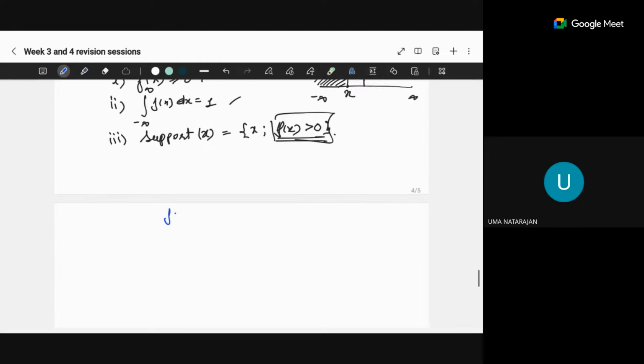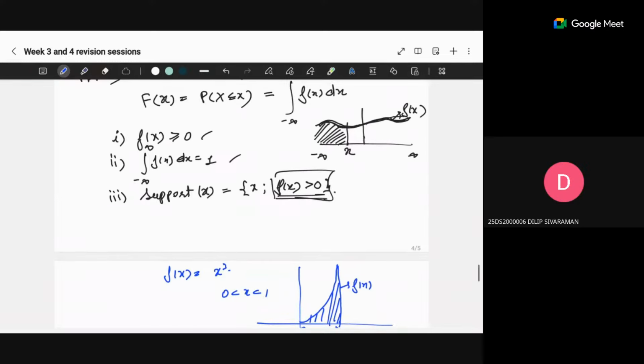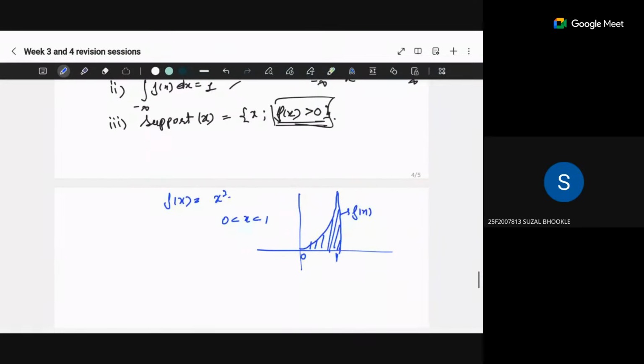No, let's suppose my function is like x cube. If I have to draw a graph, it would be like this, and my data is going from 0 to 1. So this is 0 and this is 1, and this whole thing is my f(x). I think the area under the curve would be the big F(x), and the curve alone is the small f(x).